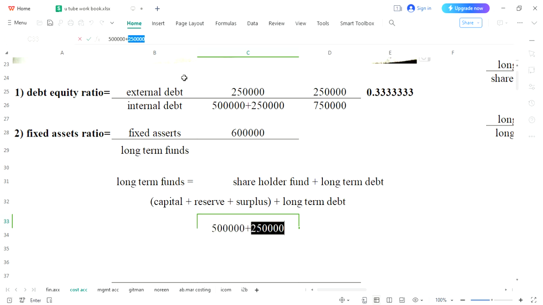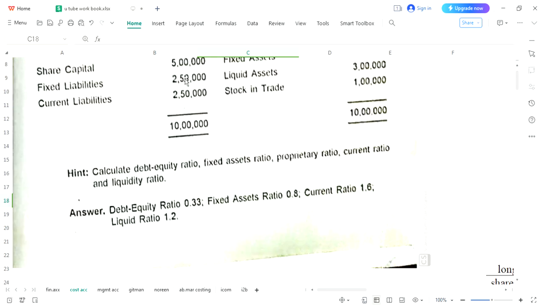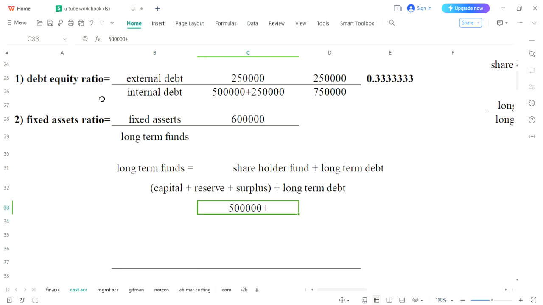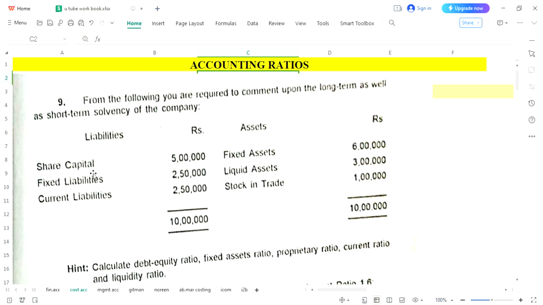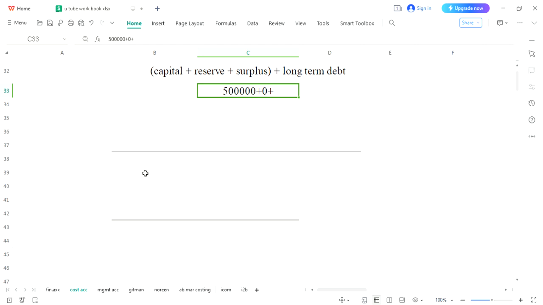And then you need to put reserve, and here is the complete liability side. There are three items. Reserves are not given, so what you can do is just write down 0. Reserves are not provided. Then at third place we need surplus, and you can see that surplus is also not available, so you may write 0.